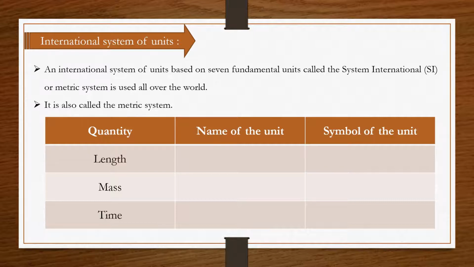So, the name of the unit for length is meter and the symbol of the unit for length is m. The name of the unit for mass is kilogram and the symbol of the unit for mass is kg. The name of the unit for time is second and the symbol of the unit for time is s.